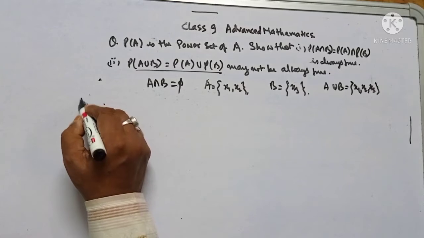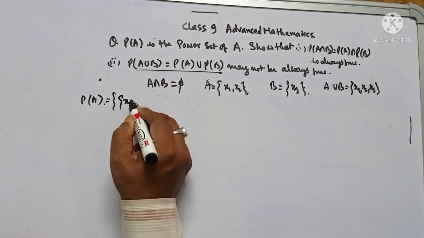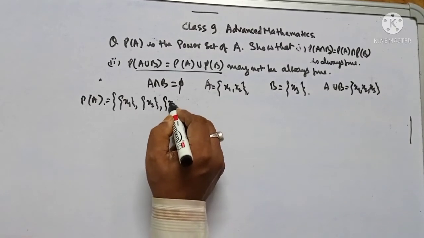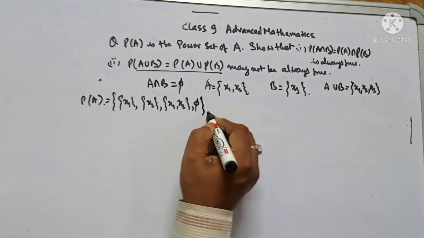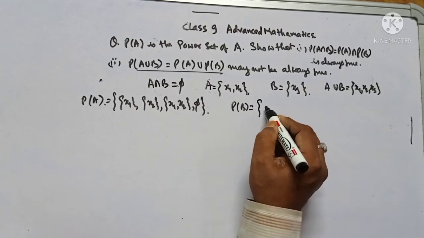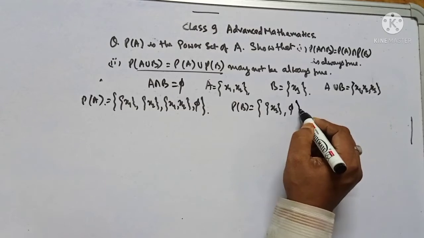So here P(A) will be {x1}, {x2}, {x1, x2} and your phi, whereas P(B), this will be {x3} and your phi.